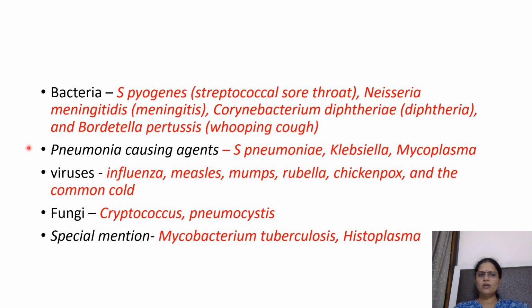These are the common organisms that cause infection through the respiratory tract. First one, bacteria. The most common bacterial agents that enter through the nasal cavity include Streptococcus pyogenes, which causes streptococcal sore throat, Neisseria meningitidis, which causes meningitis, Corynebacterium diphtheriae, which causes diphtheria, and Bordetella pertussis, which causes whooping cough.